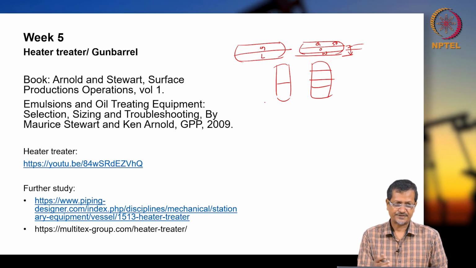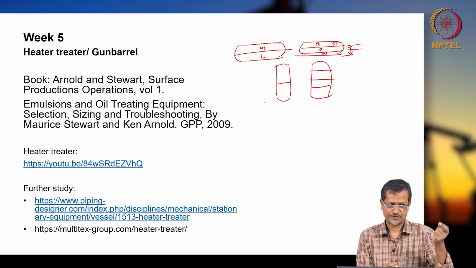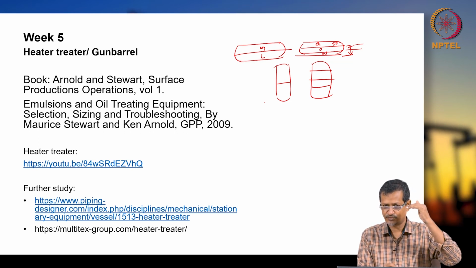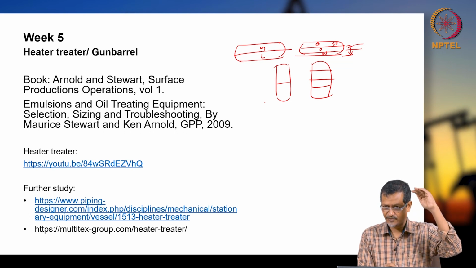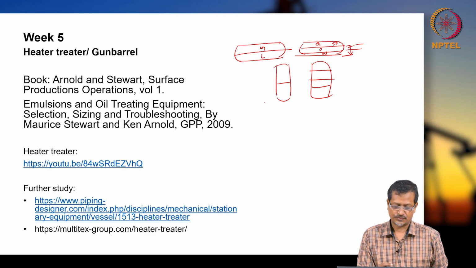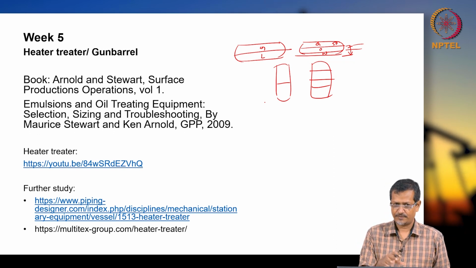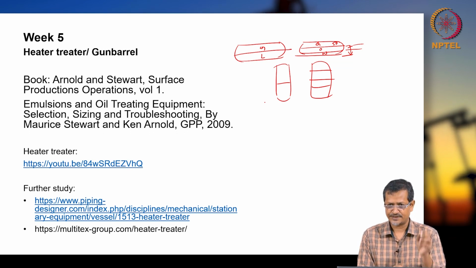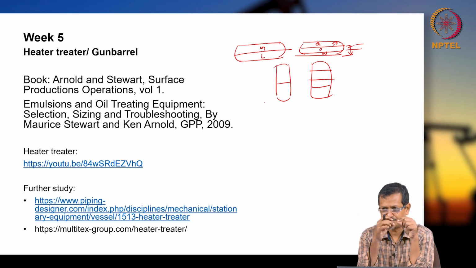Gravity separation we already discussed. Gravity is because of gravitational force. Lighter particles will fall slowly, but heavier particles will fall quickly, and gas is very light, so it will move up. That theory you already know, but you can recap it also. Coalescence: different coalescing media will be there, and coalescing means particle collision.